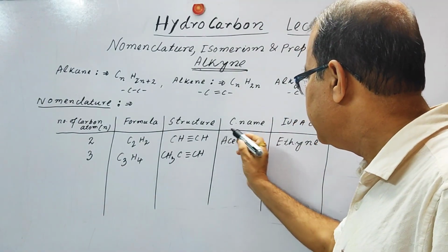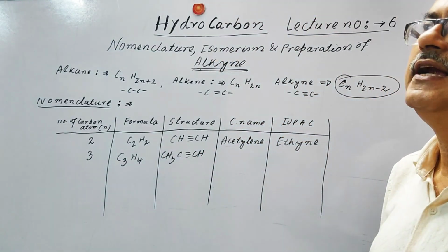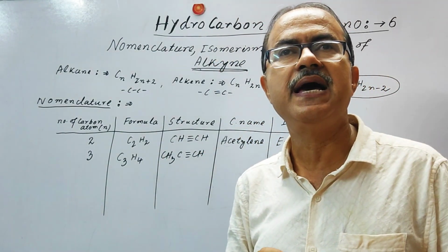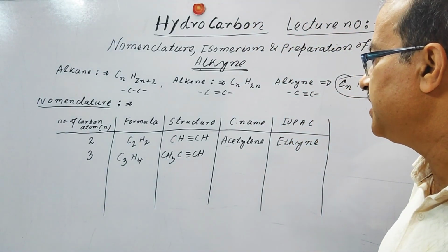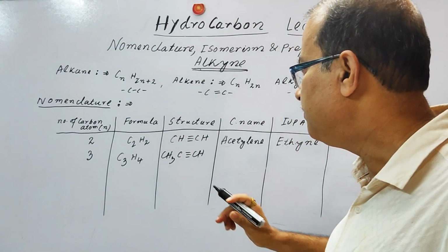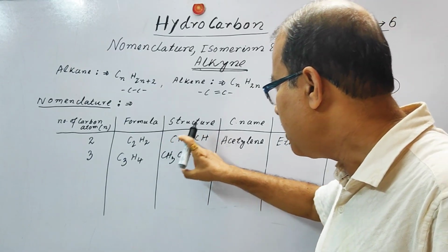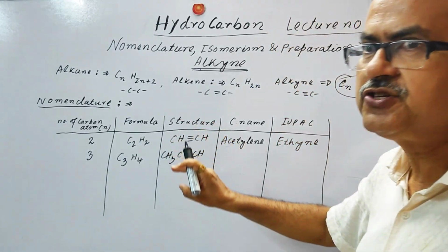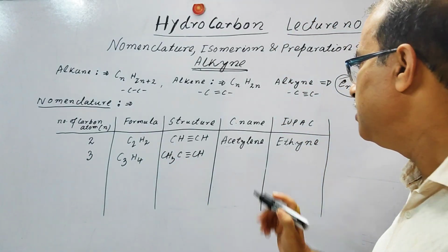So here the common name of this compound will always be considered as a derivative of acetylene. Derivative of acetylene means one of the hydrogen atoms of acetylene is replaced by this methyl group.